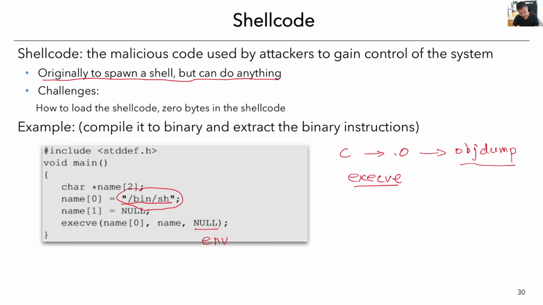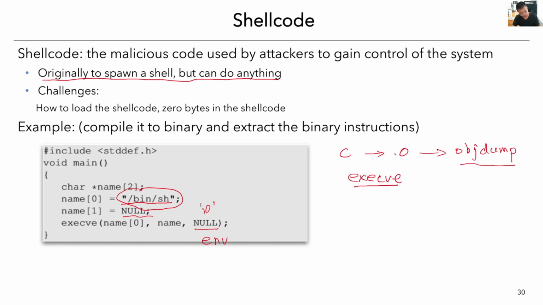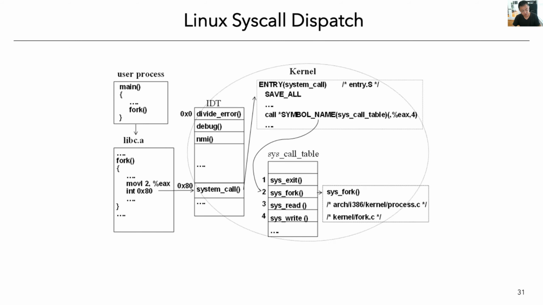But the question is, if we look at this, the null pointer is actually a 0 byte. So it seems this shellcode needs to contain 0 bytes. How can we solve this problem? In the shellcode, usually you are going to use a system call. Here is how a system call is dispatched in the Linux environment.